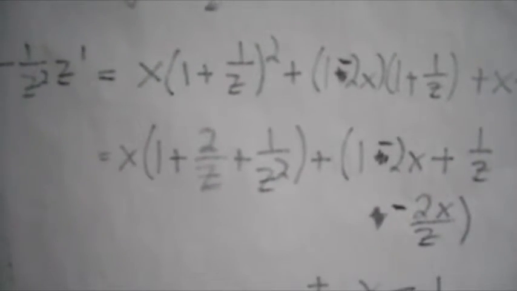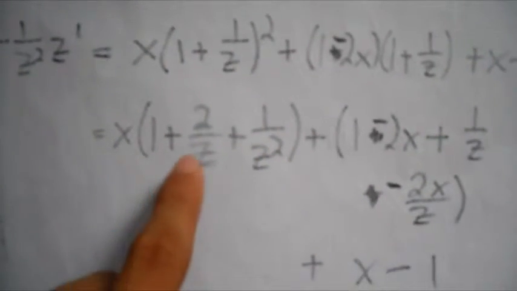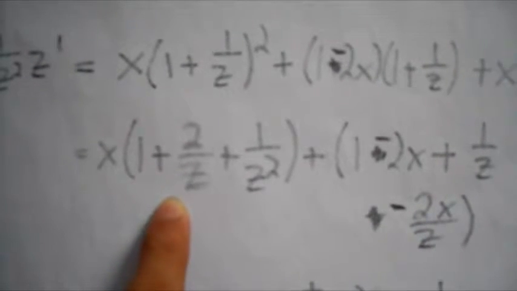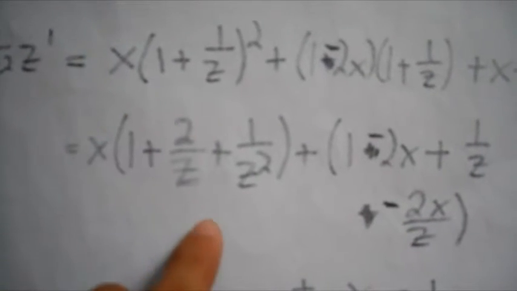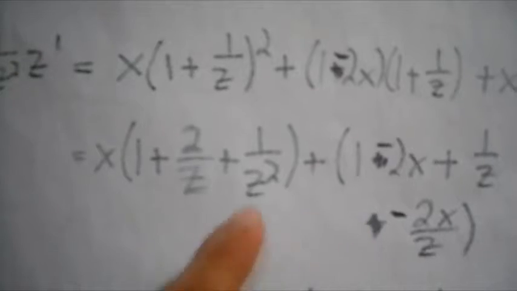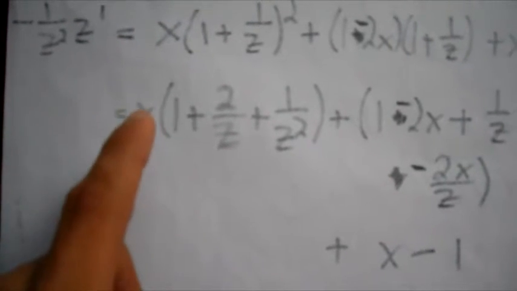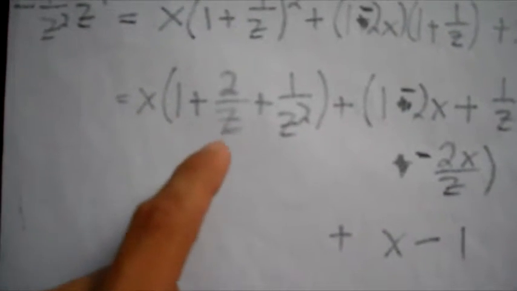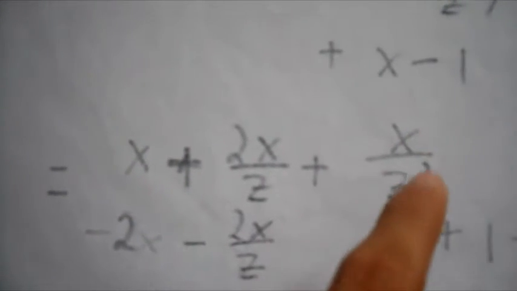By doing some manipulations here, we get this form, and by distributing it, we can get the solutions here. So by distributing x in this term, we get x plus 2x over z plus x over z squared.